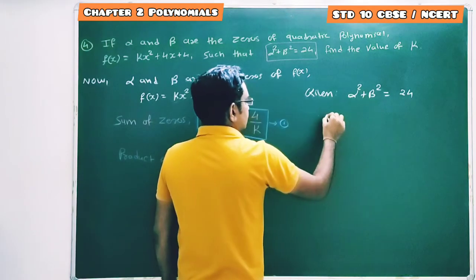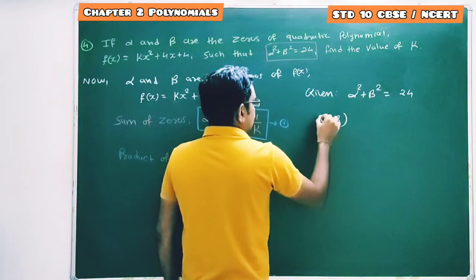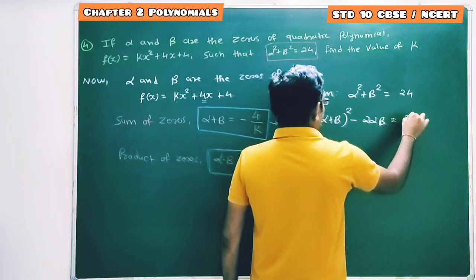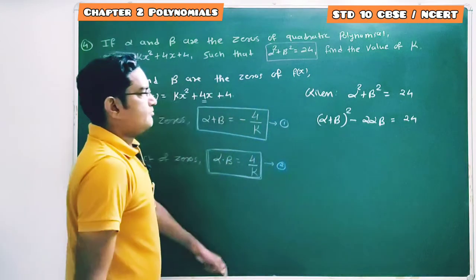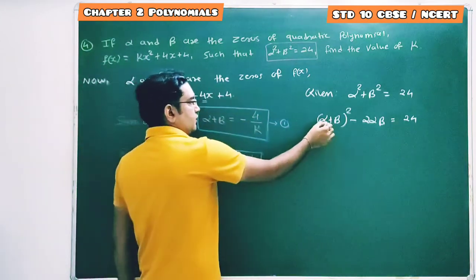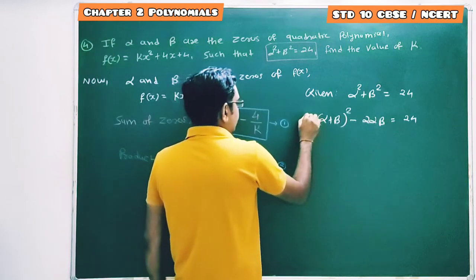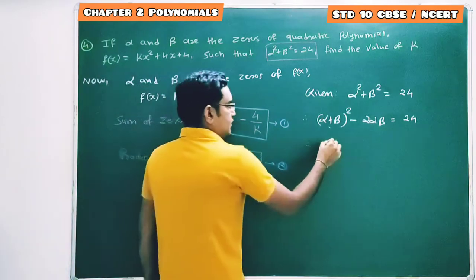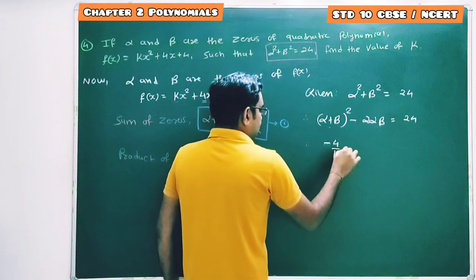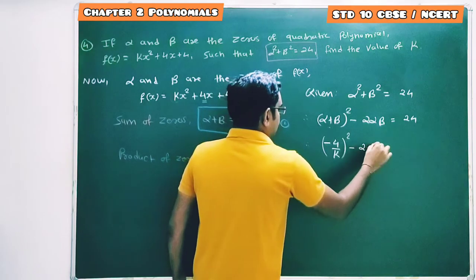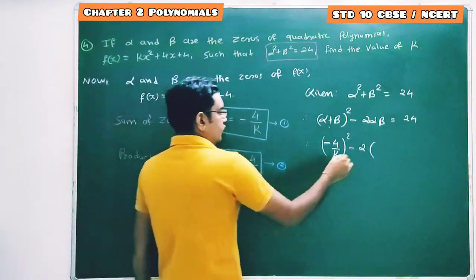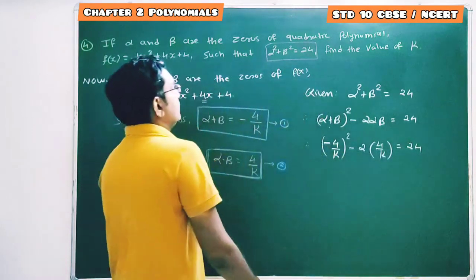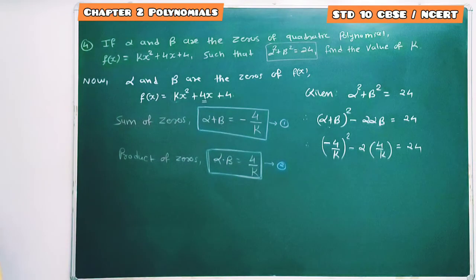So this can be written as (alpha plus beta) whole square minus 2 alpha beta equal to 24. Done. Alpha square plus beta square can be written as (alpha plus beta) whole square minus 2 alpha beta, है ना, previous video में हमने देखा था. So what is alpha plus beta? Alpha plus beta is minus 4 by k. So it's (minus 4 by k) whole square minus 2 into alpha into beta, 4 by k, equal to 24. Done.